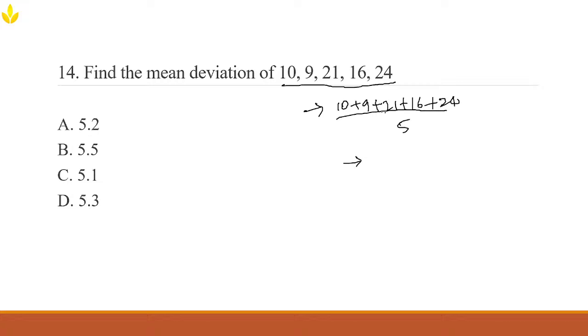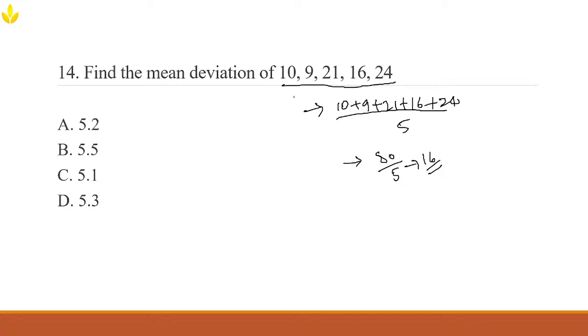So 10 plus 9 is 19. 19 plus 21 gives you 40. 40 and 56. 56 plus 24 gives you the value as 80. So 80 when it is divided by 5, the value is nothing but 16. So 16 is the mean value of all these values.